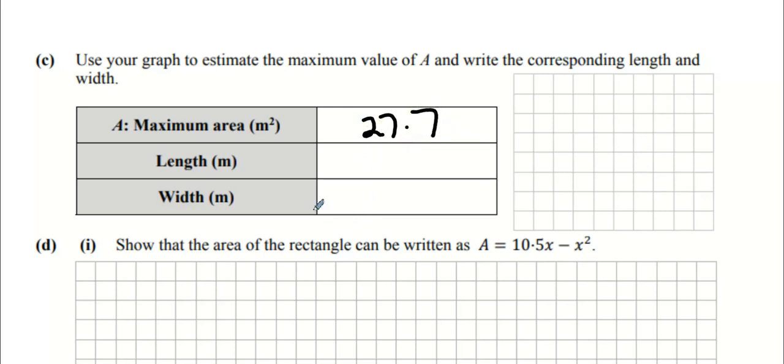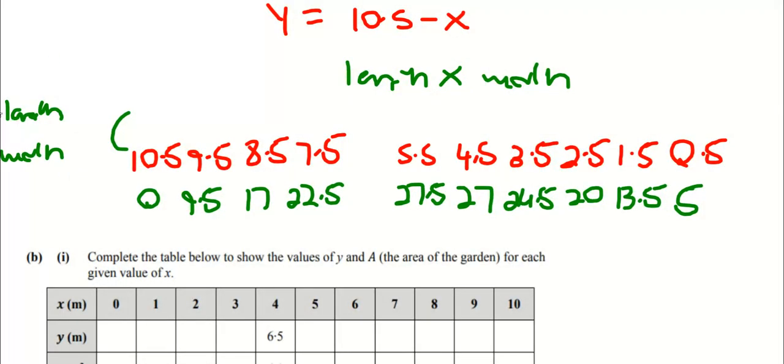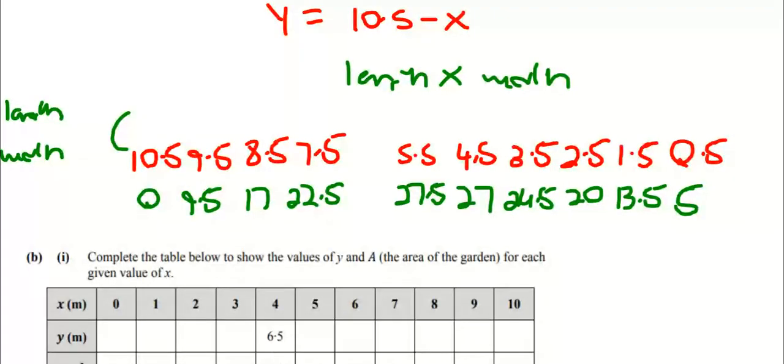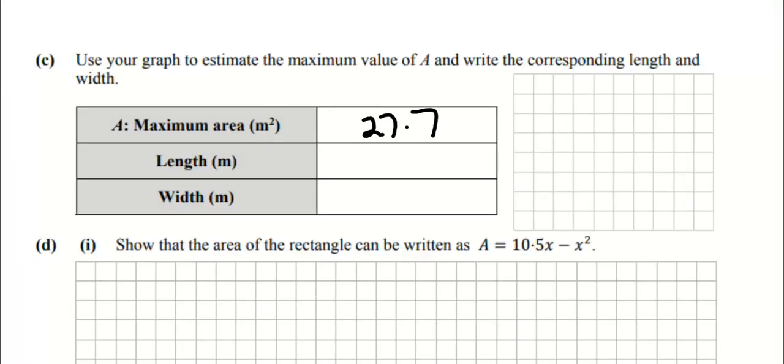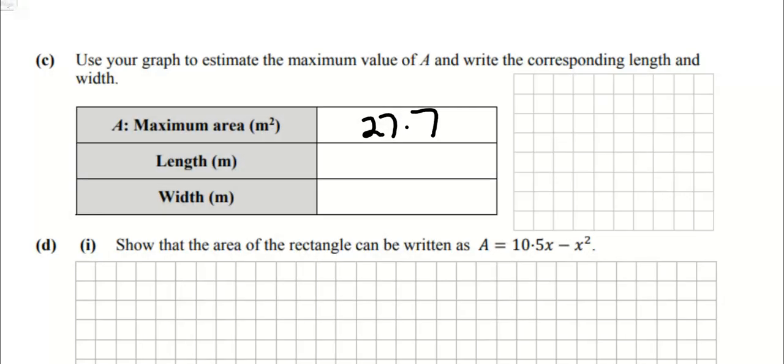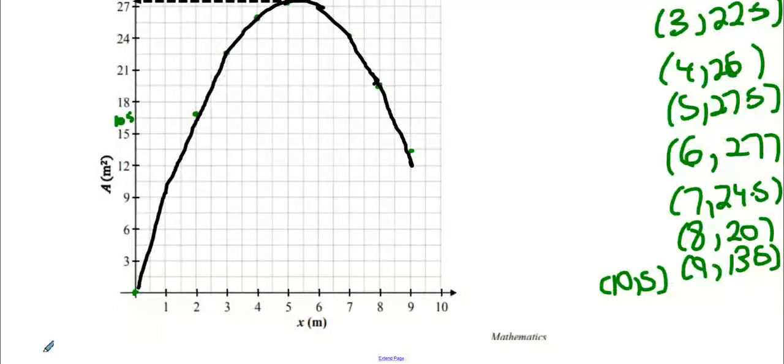Okay. Now, what width does that? What x value does that happen at? Okay, so we need to find the x value is the length. Okay, so where does that happen? Where is the maximum? Okay, is what we got to look at. So we go downwards.